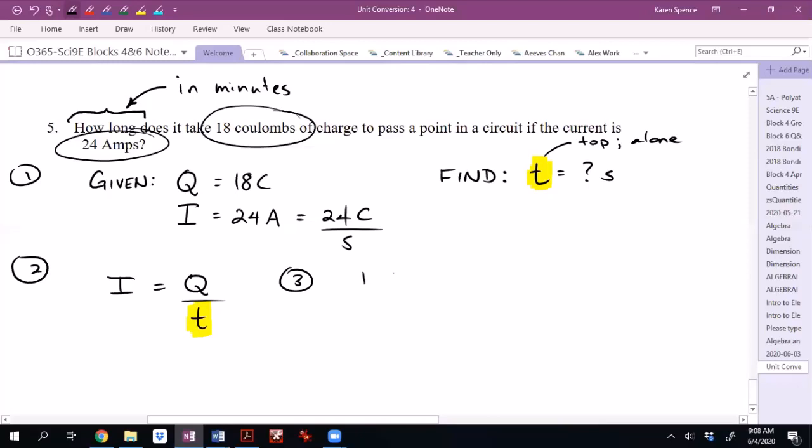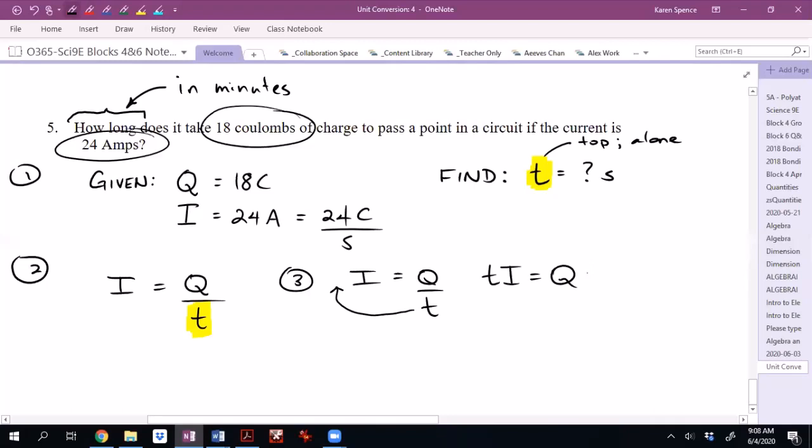I equals Q over T. So I'm going to bring the T up here. It's on the bottom, so I bring it up. So I end up with T times I is equal to Q.